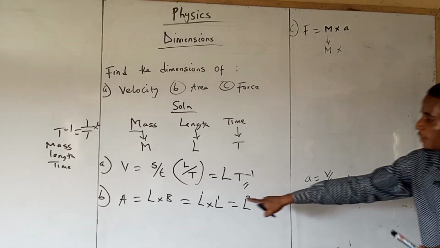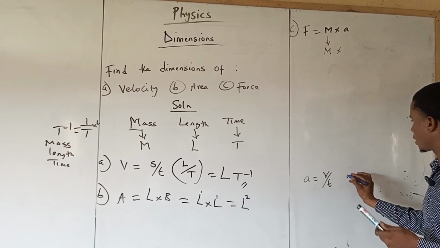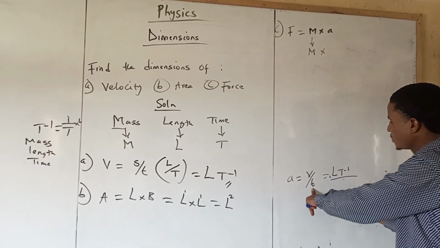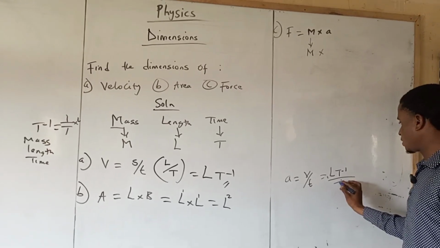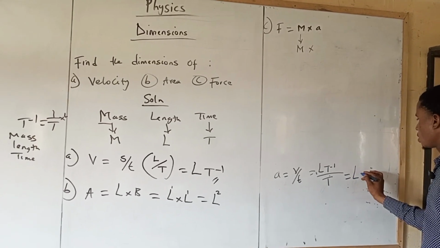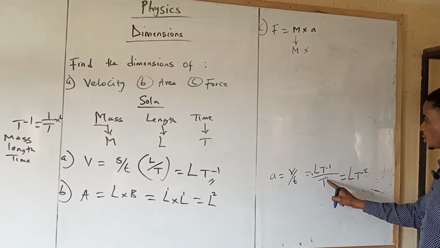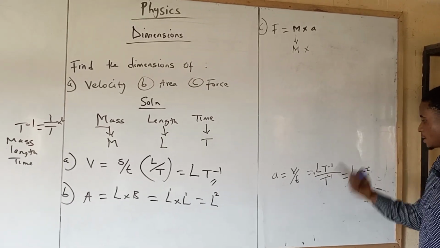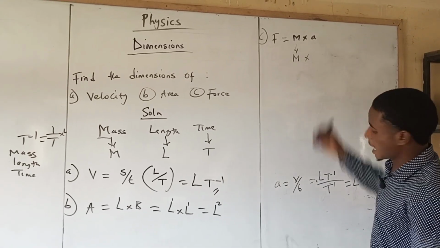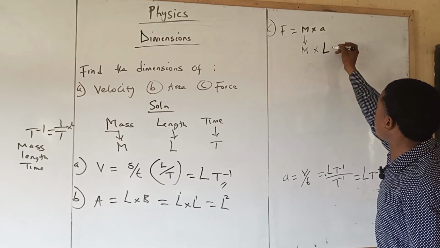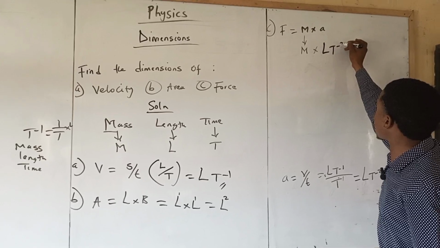And remember, the dimension of velocity here is LT raised to the power of minus 1. Then the dimension of time is capital letter T. So breaking this down as we apply here, we have LT raised to the power of minus 2, because this invisible 1, 1 minus 1 is this. So we have acceleration to be LT raised to the power of minus 2.